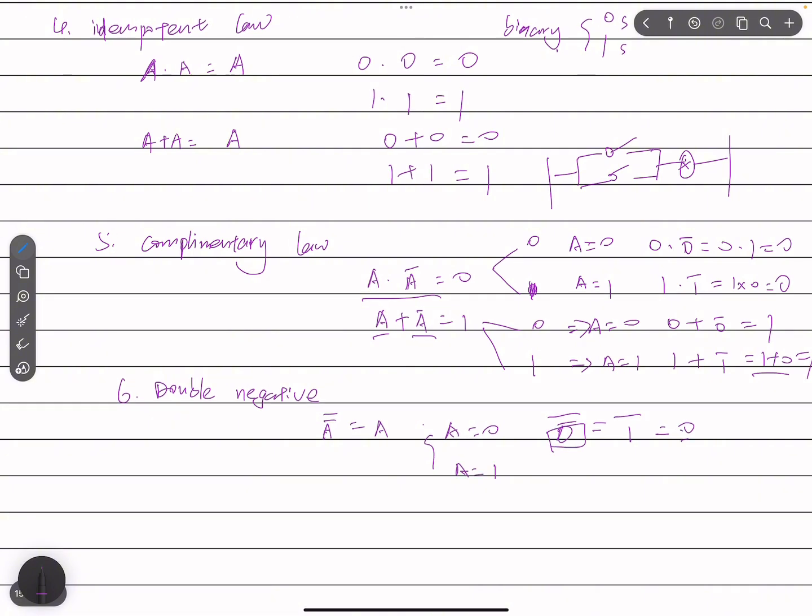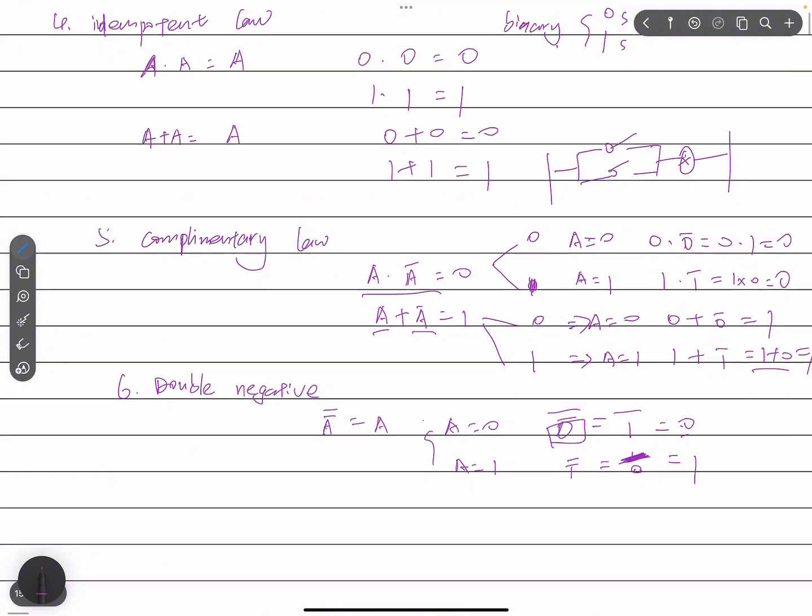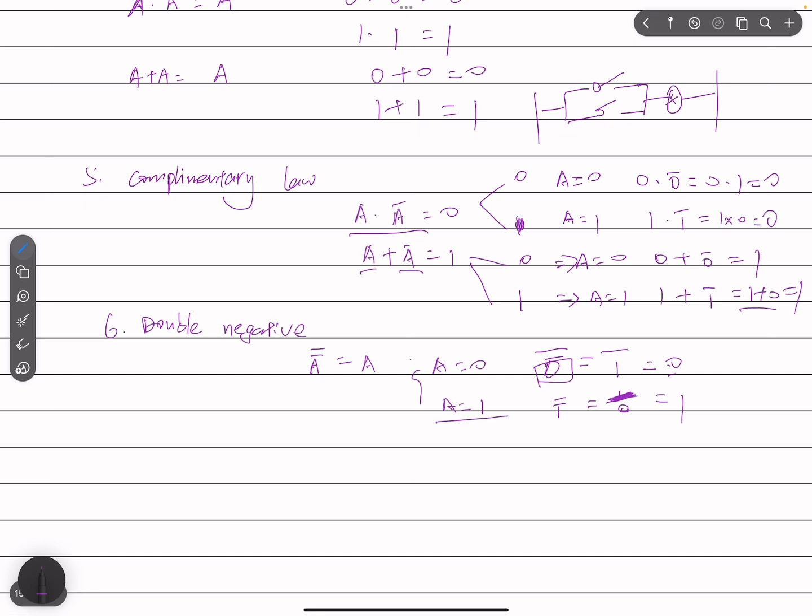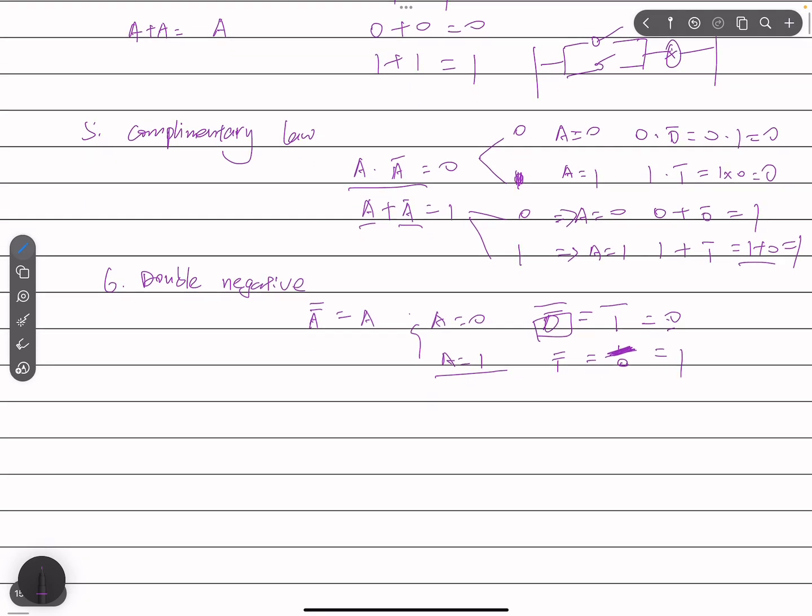When A equal to 1, we have 1 double negation. The first time it will be 0, and 0 negated will be 1. So it's still itself. Double negation will just give us itself. It's kind of like thinking about negative numbers. Negative negative 1 will give us 1. Negative of negative will give us positive. Something like that.